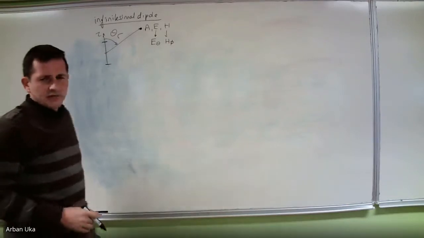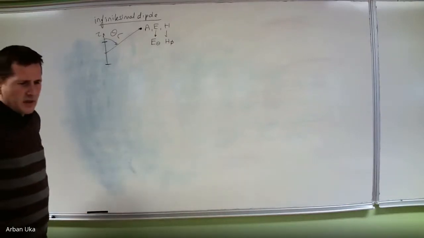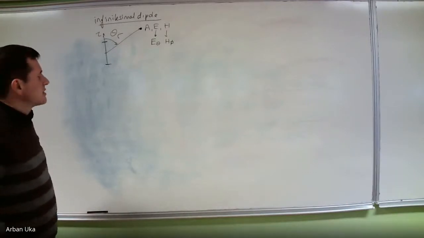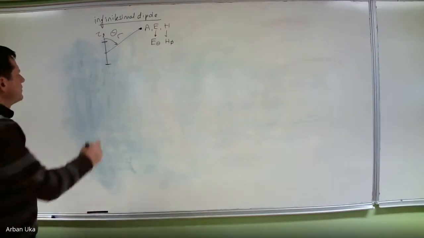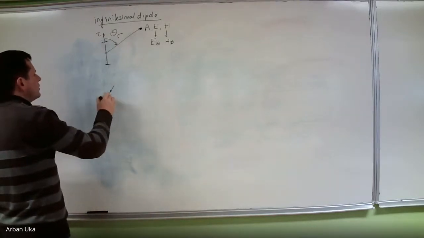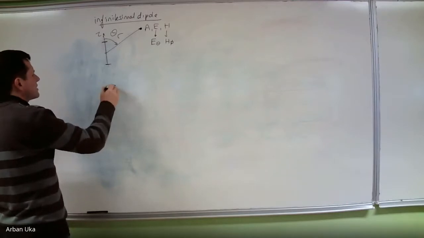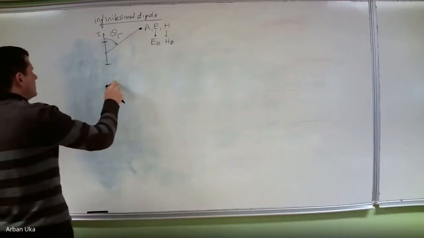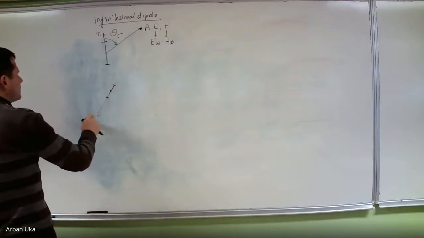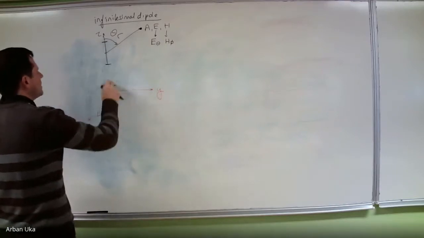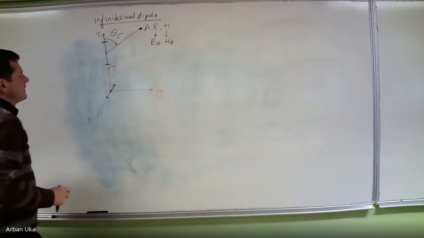Now, just to have a look at how we can switch from one axis to another, let's assume for a moment that we have a dipole pointing along the x-axis. This is the y-axis, and this is the z-axis.